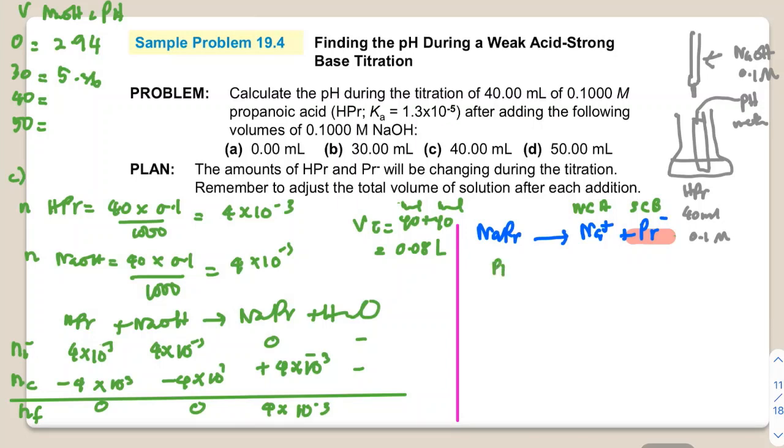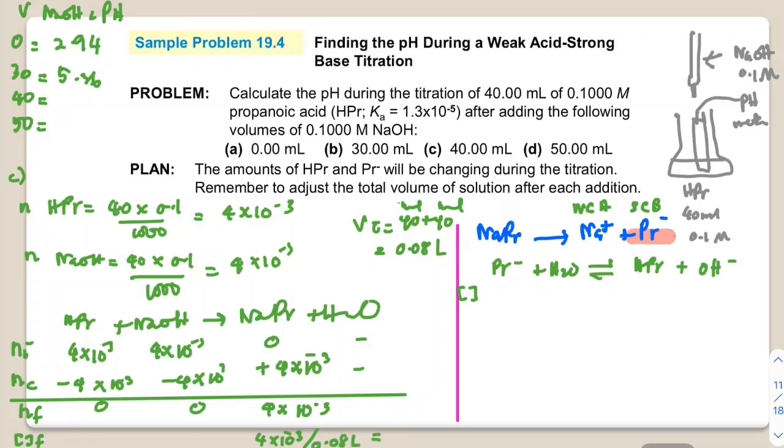So we have Pr minus reacting with the H2O, reversible arrow turns to HPr plus OH minus. In this ICE table we are using concentration, so we can calculate the final concentration here. 4 times 10 negative 3 divided by the total volume 0.08 liter.